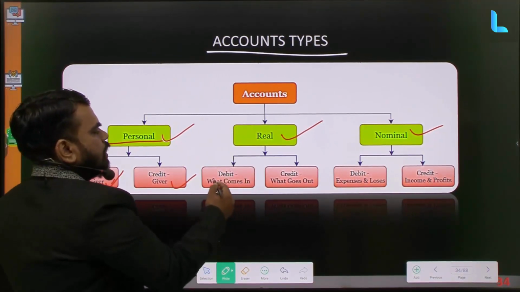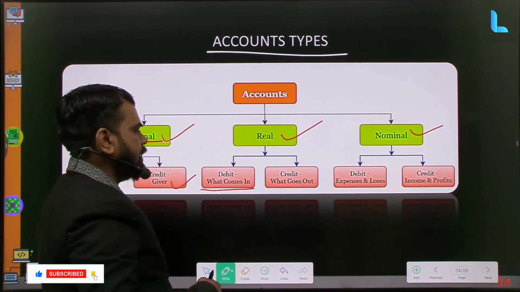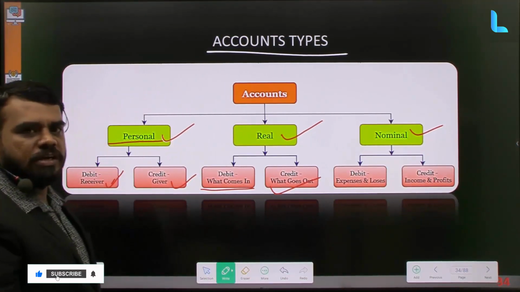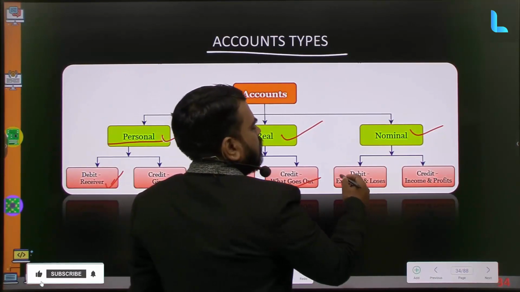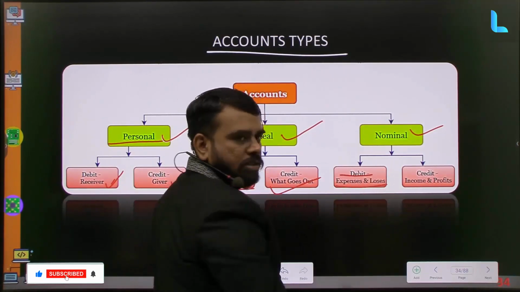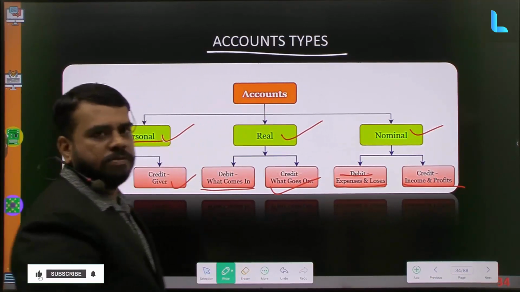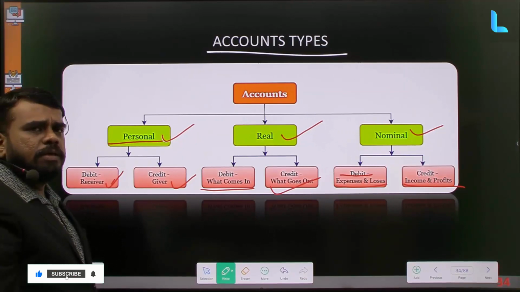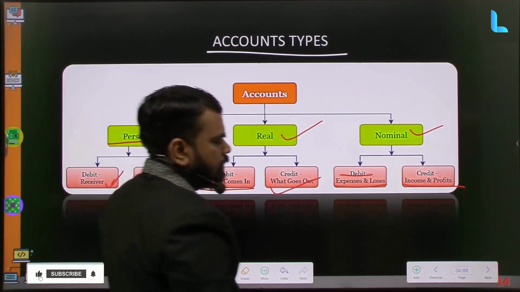Similarly for real account, debit is what comes into the company, and what goes out of the company we are supposed to credit. This is for the real account. Similarly for nominal account, we have to debit all the expenses and losses. Similarly we have to credit the income and profits. So this is the rule for the debit and credit. It's called the golden rules of debit and credit.